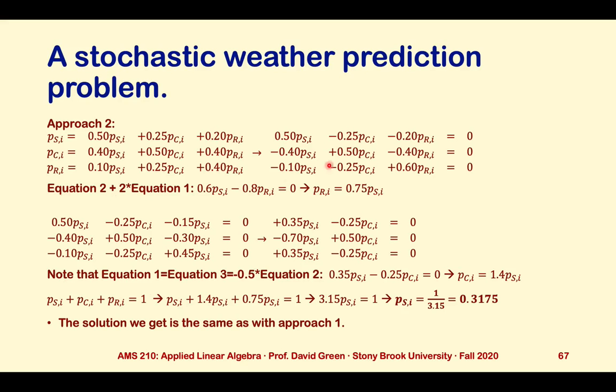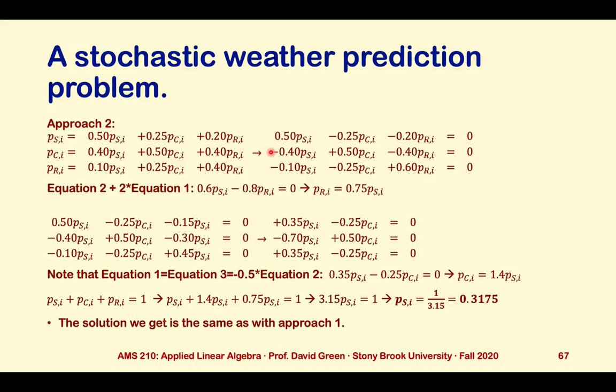In this case, if we take a look at equation 2 and equation 1, the middle terms differ by a factor of -2. So if I add 2 times the first equation to the second equation, it'll make this PC term disappear, right?